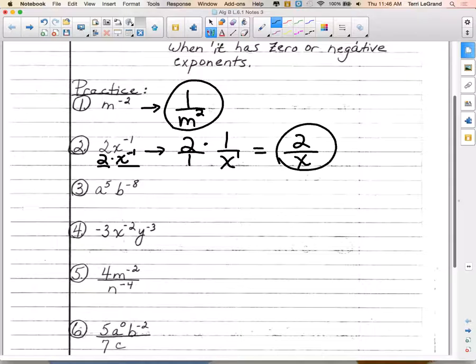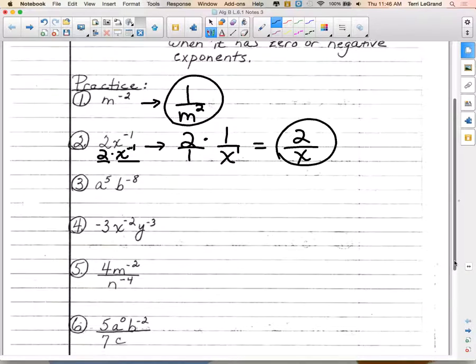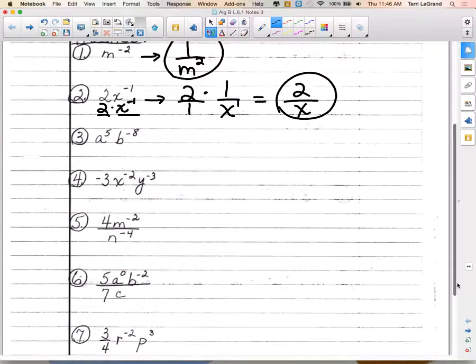Okay, why don't you try number 3 on your own and see how it goes. Try number 3. So show me how it goes from what it is to its simplified name.